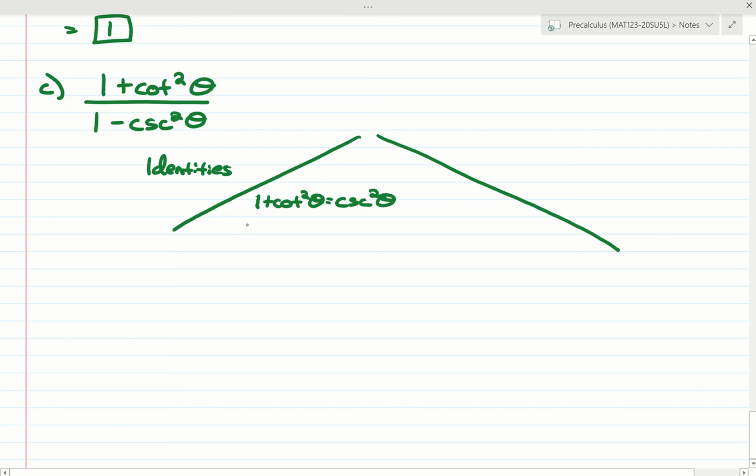Well, if we know 1 plus cotangent squared is cosecant squared, I'm just going to replace that in the numerator. What's 1 minus cosecant squared? So if we just rearrange that formula, 1 minus cosecant squared of theta is equal to negative cotangent squared of theta.